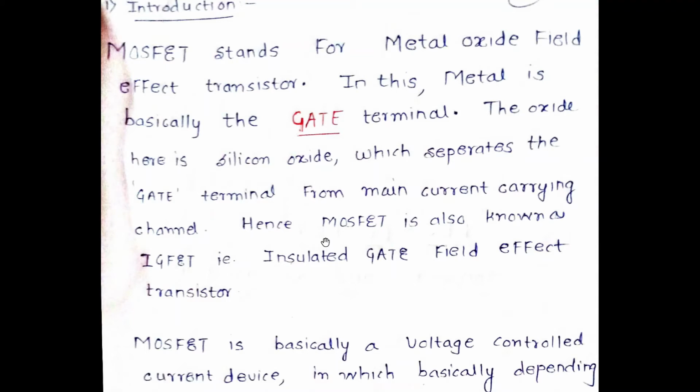Hence, MOSFET is also known as IGFET, that is insulated gate field effect transistor. So very simply, MOSFET is nothing else than metal oxide field effect transistor, in which the metal is the gate terminal. Oxide separates my gate terminal from the channel, and this MOSFET is also called insulated gate field effect transistor. I hope I am very clear with this.